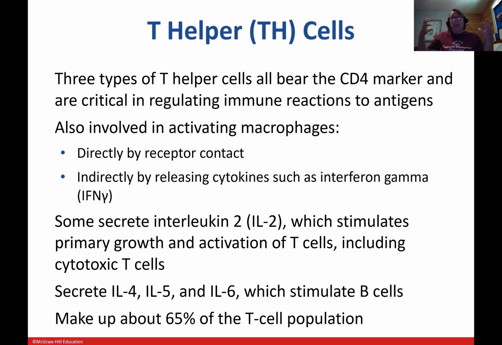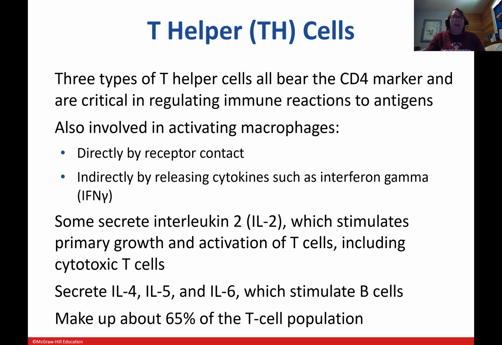So IL-2, amongst many other things, will wake up that whole clonal response, including those cytotoxic T cells. So if this is a response that requires a cytotoxic T cell, this is how that happens. It secretes some other things.